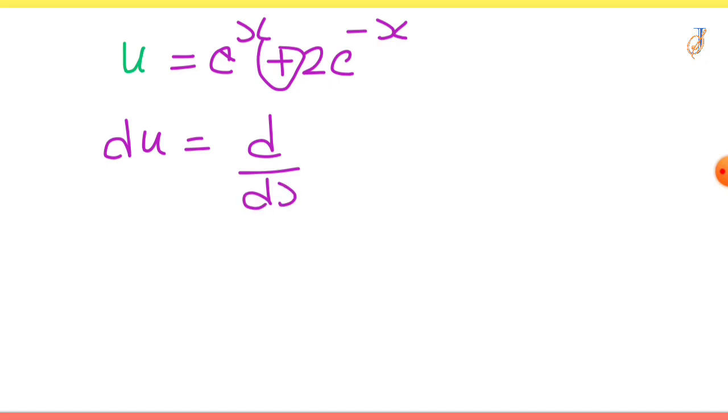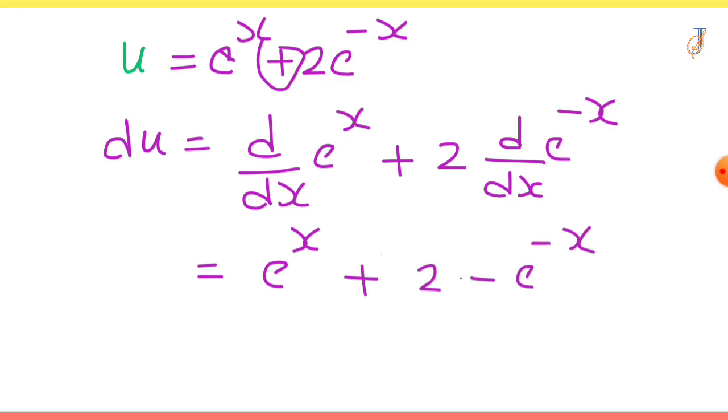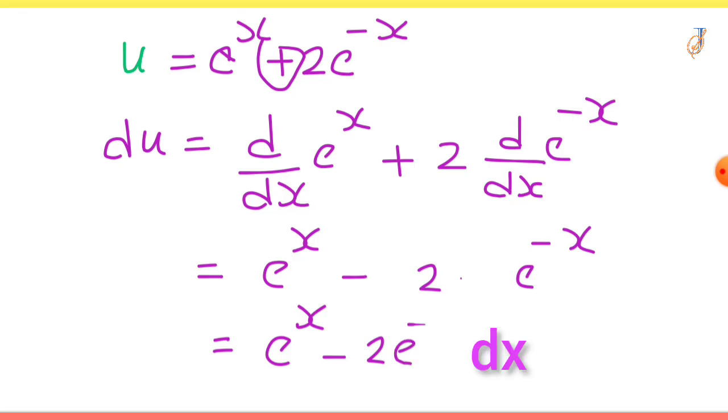Derivative of e^x plus 2 times the derivative of e^(−x). So the derivative of e^x is only e^x, plus 2 times minus of e^(−x), that means plus times minus, which gives minus only. So we get e^x − 2e^(−x).